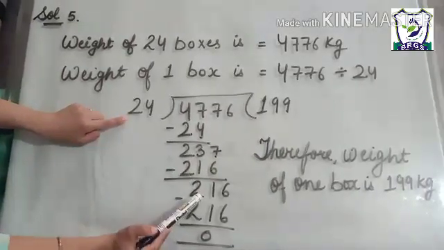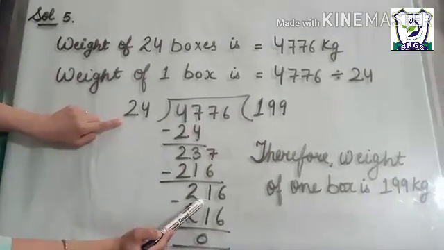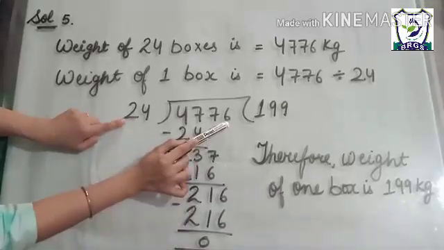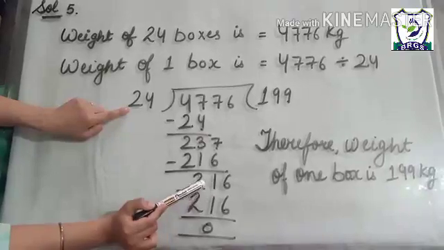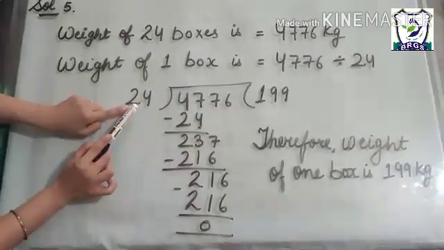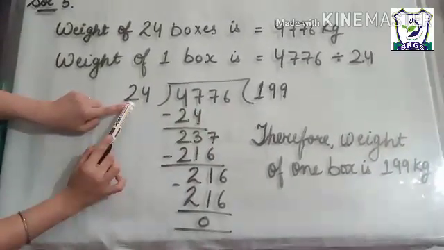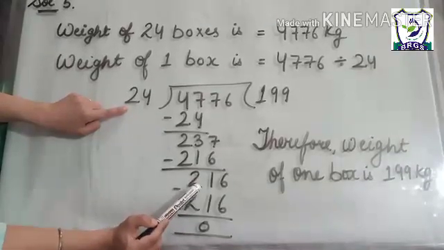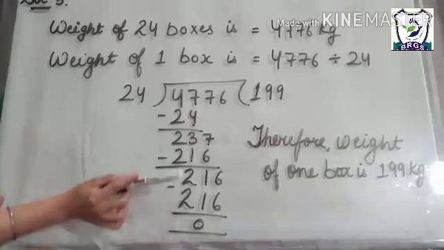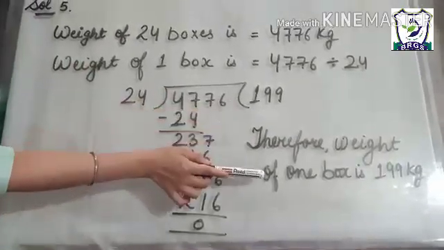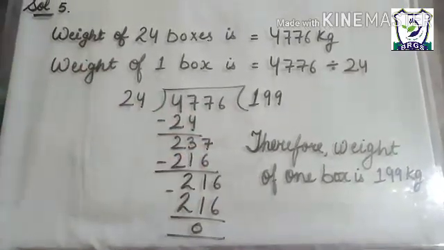On subtracting this we will get 21. 21 is smaller than 24, so we will bring down the next digit, that is 6. And we know that 216 goes exactly 9 times in the 24 table. So 24 goes 9 times into 216, so on subtracting we get 0. So the weight of one box is 199 kg.